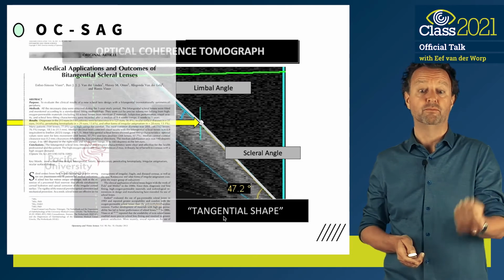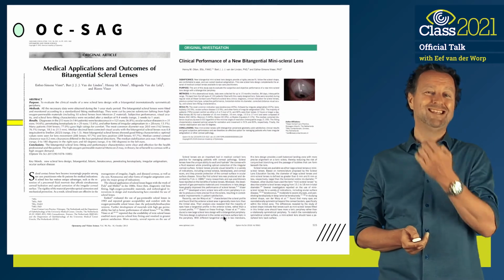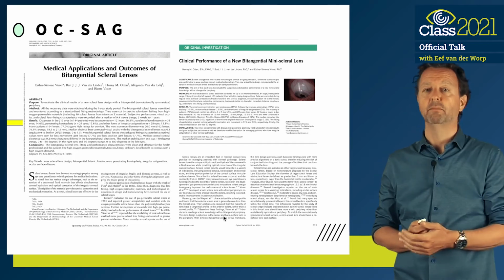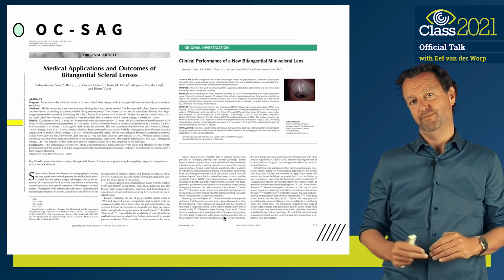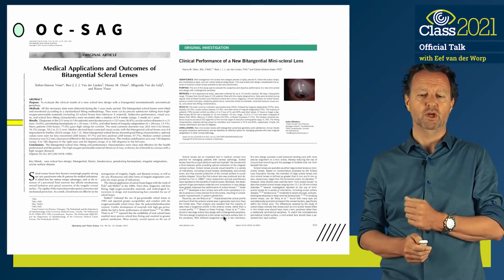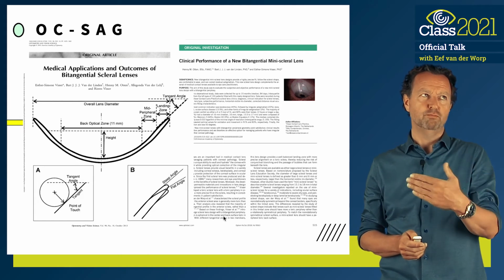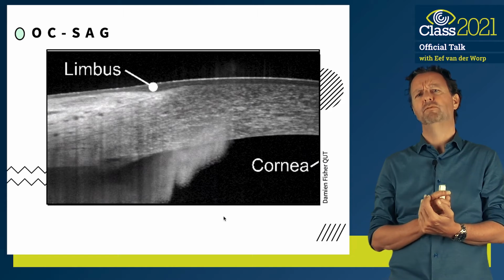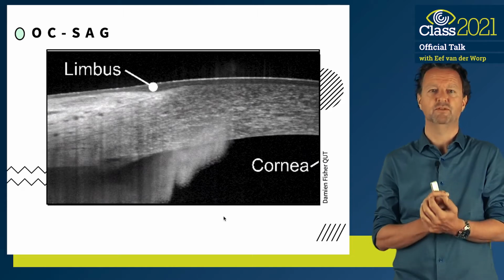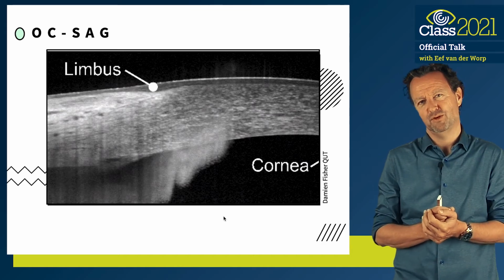All this comes from scleral lens fitting, of course, and in fact there are a couple of lens designs out there now, these are some publications, that actually use tangents in the periphery, or bitangents if you want to go toric. So can we use that information to better define the ocular surface? I think we can. Here's a beautiful picture from Damien Fisher, who just finished his PhD at QUT in Brisbane, Australia.